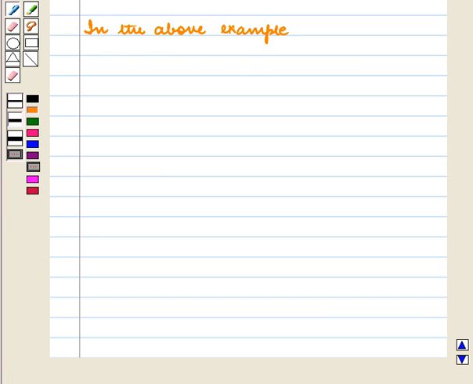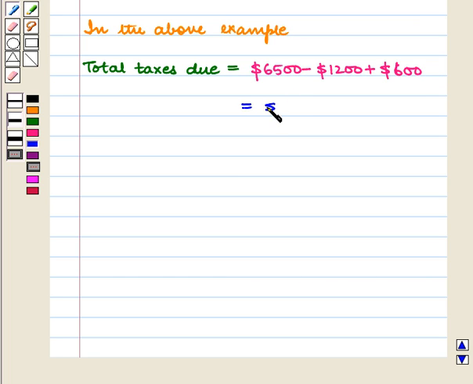In the above example, total taxes due is equal to $6,500 minus $1,200 plus $600, which is equal to $5,900, and total payments is equal to $900.